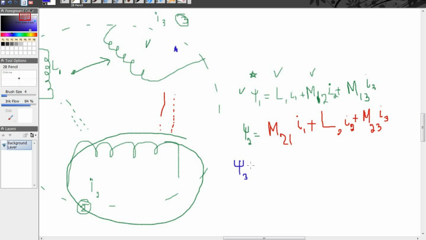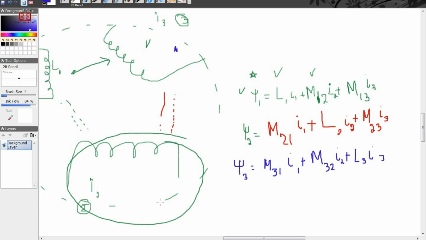Mutual inductance in coil number 3 due to current 1, multiplied by I1, plus mutual inductance for coil number 3 due to current 2, multiplied with current 2. Now this is the self inductance when we discuss network 3. Its own current produces the flux, which is taken as the self inductance, L3 and I3.